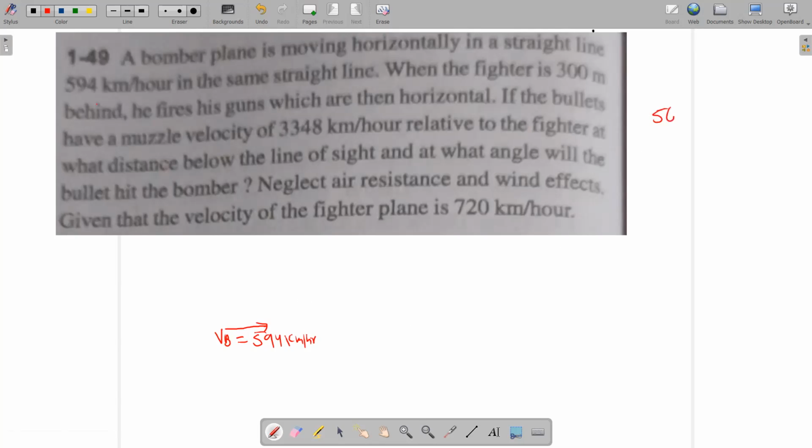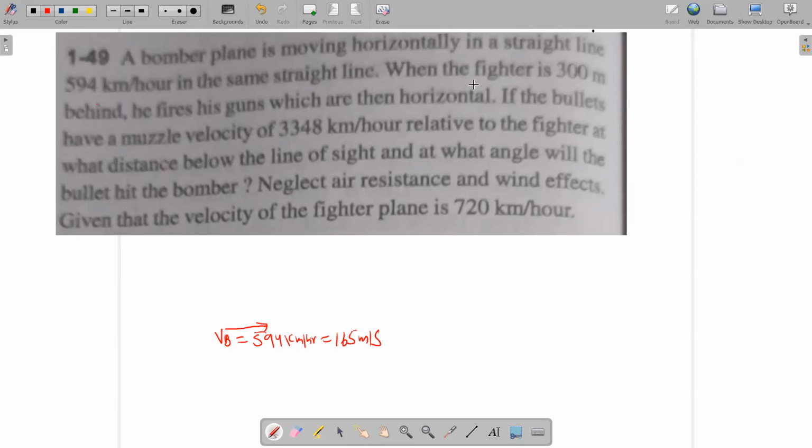Can you convert this into meters per second? Just multiply by 5 by 18. So this is how much? 165 meters per second.